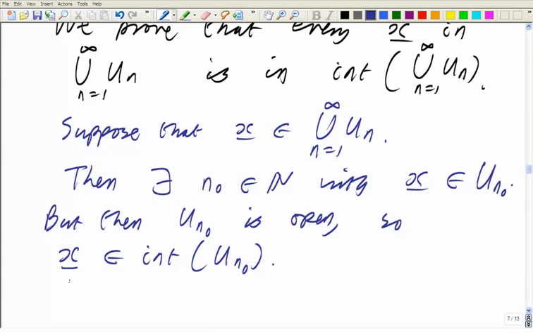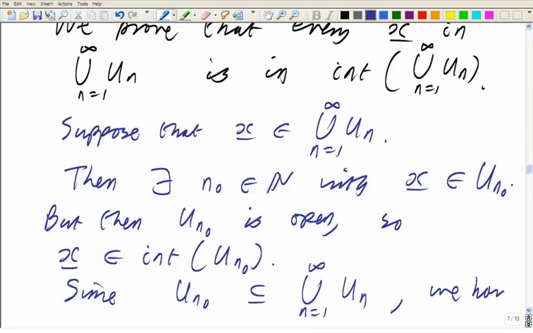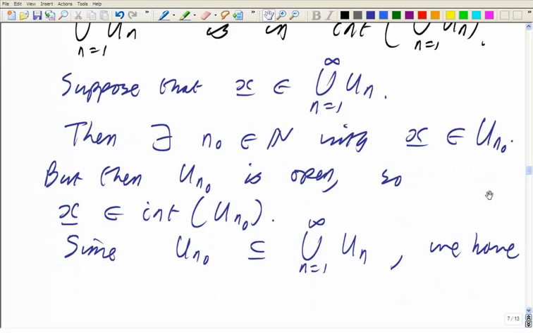So, since U n naught is contained in the union from n equals 1 to infinity, any one of the sets is contained in the union of the lot, then we know that the interiors have the same relationship.